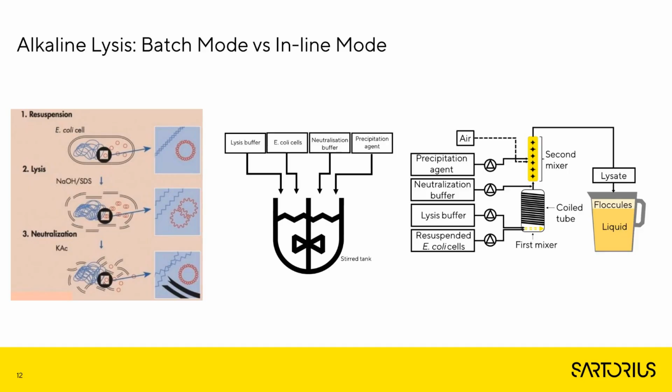Now this is a procedure that we use in lab scale experiments. This is how you would first do your DNA isolations as a student, but it quickly becomes very problematic when you start to scale this up. Imagine pouring 100 liters of base onto 100 liters of cells, and you can start to imagine there are some issues with control of this process.